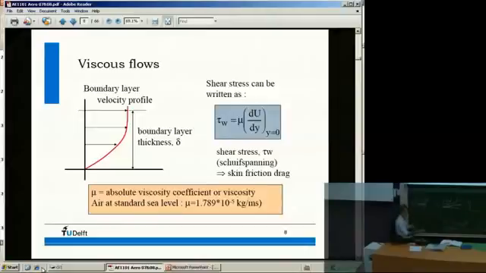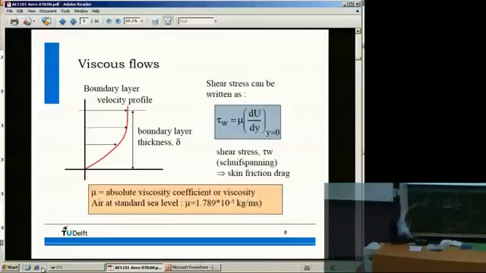Normally we are used to having the speed as a function of y like this, right? That's okay. I draw it like this because it's what it is in reality. But you should actually turn it around. Then you have the speed at a certain y.